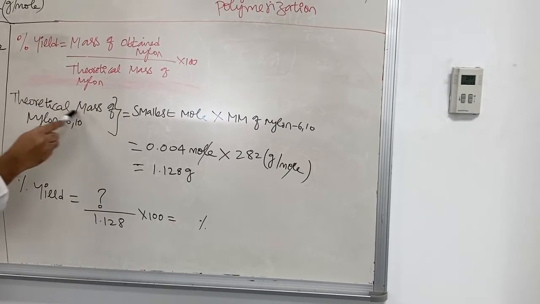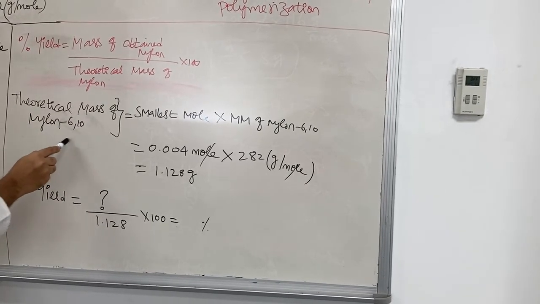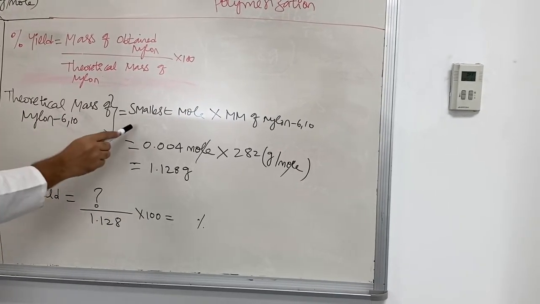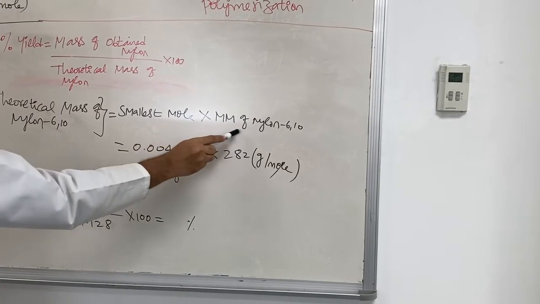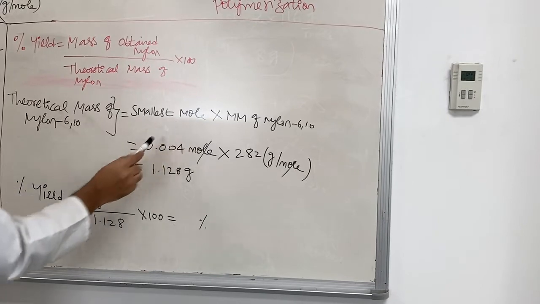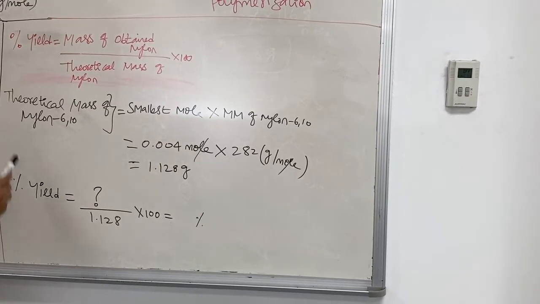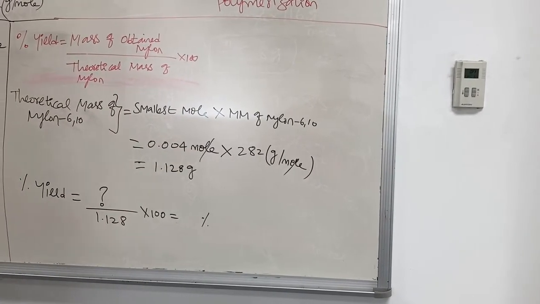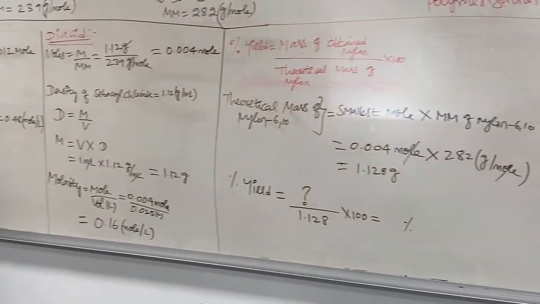So the theoretical mass of nylon, how to calculate? Here is the formula: equal to the smallest mole value into the molecular mass of the nylon polymer. Smallest mole value means, we already calculated the moles for diamine and diacid. So here are the moles.